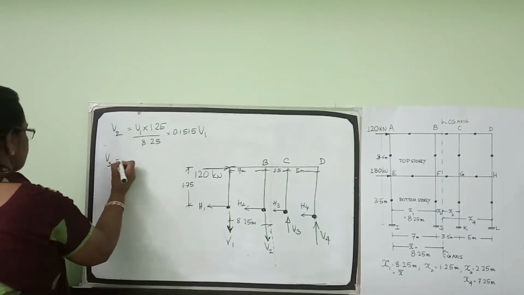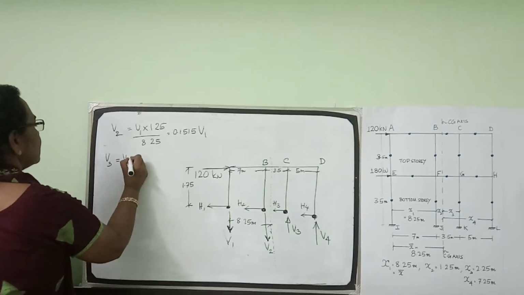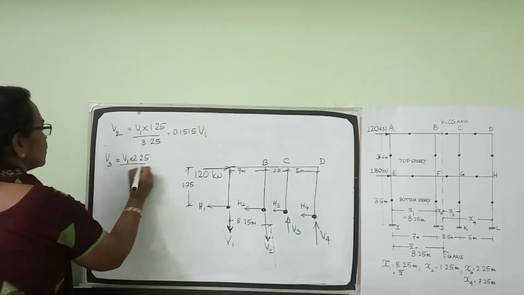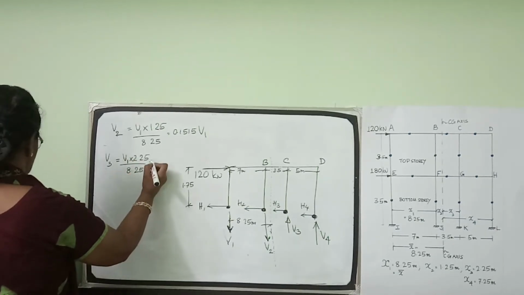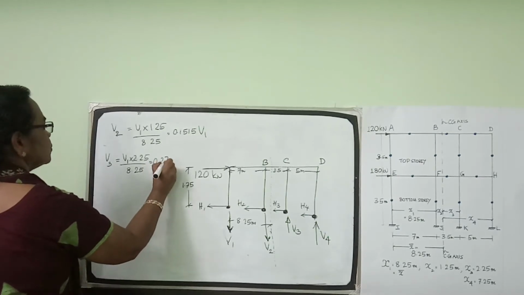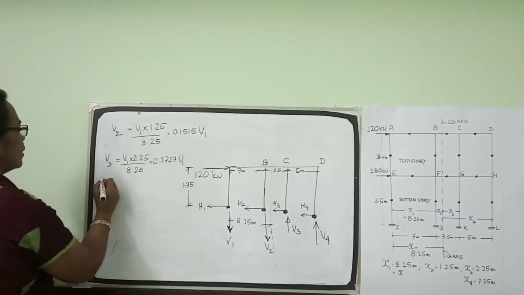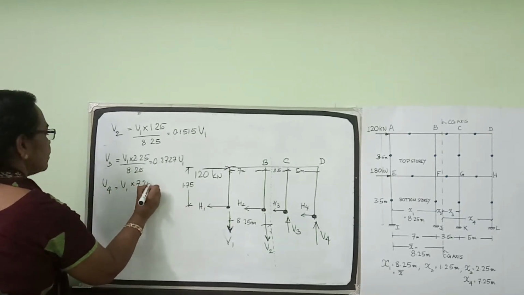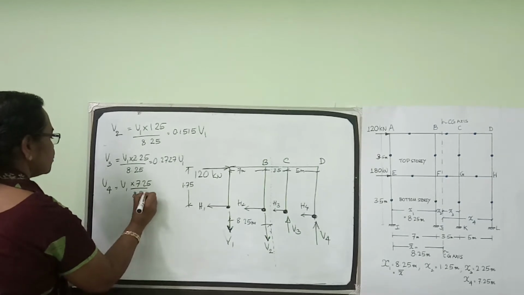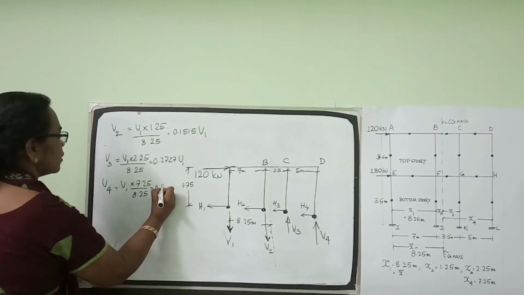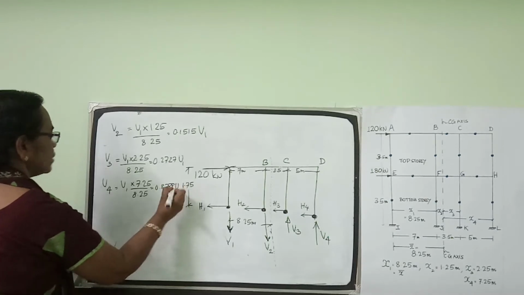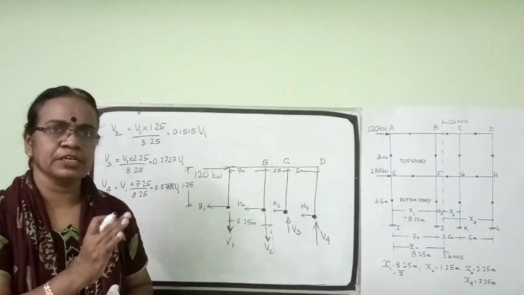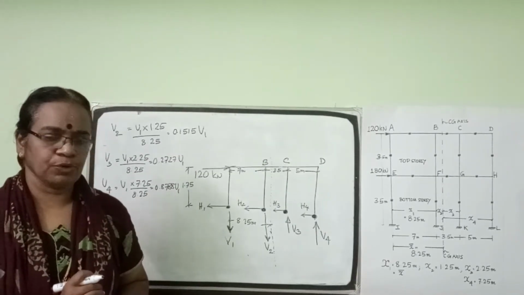Similarly, V3 is equal to V1 into 2.25 divided by 8.25, that is 0.2727 V1. V4 is equal to V1 into 7.25 by 8.25, that is 0.8788 V1. Then we have got the expression for V2, V3, V4 in terms of V1.